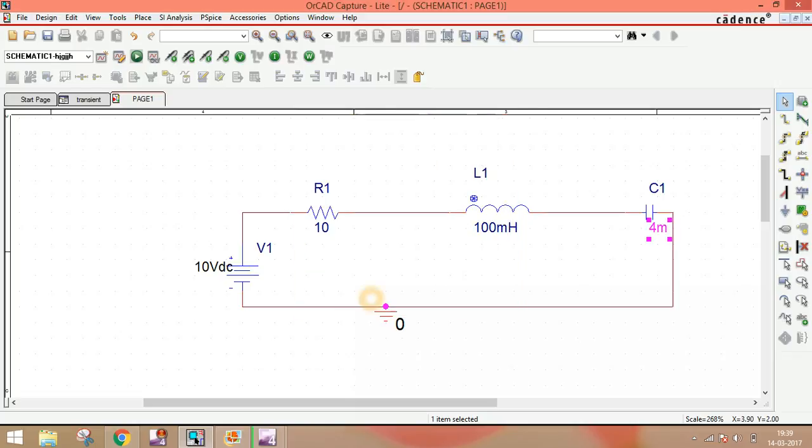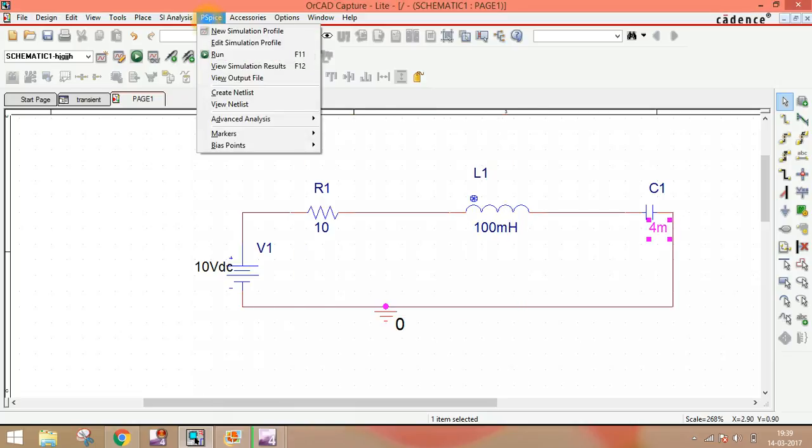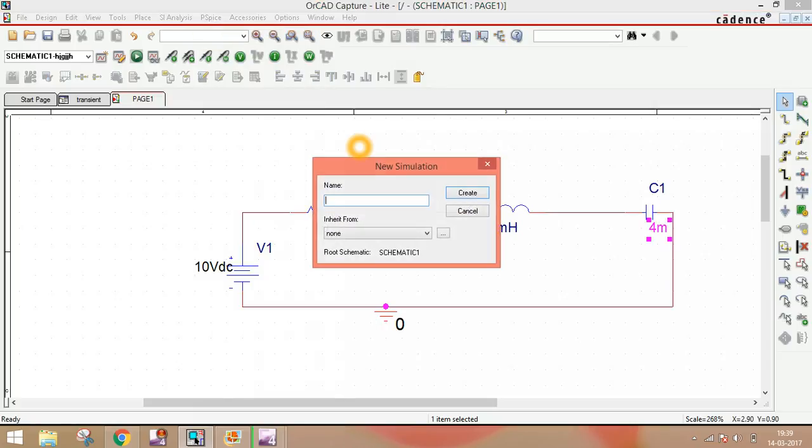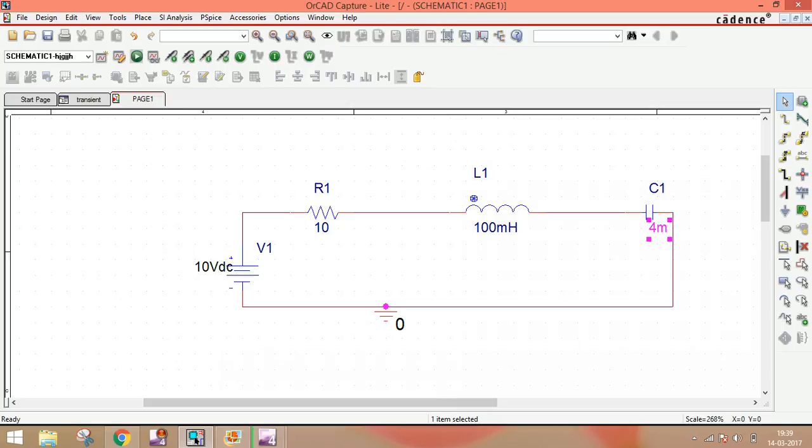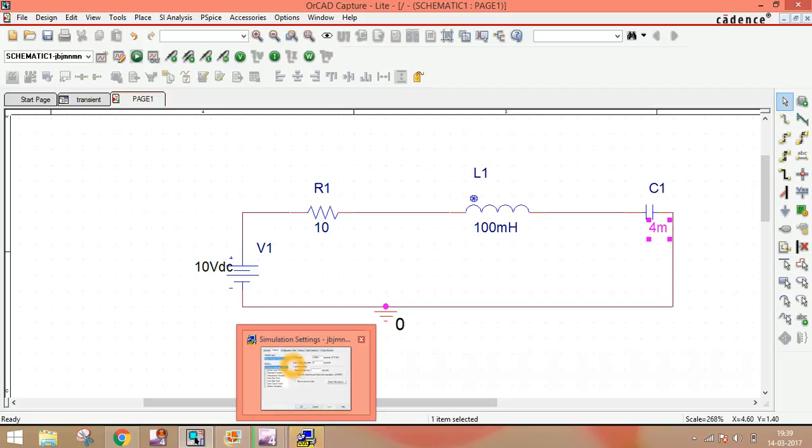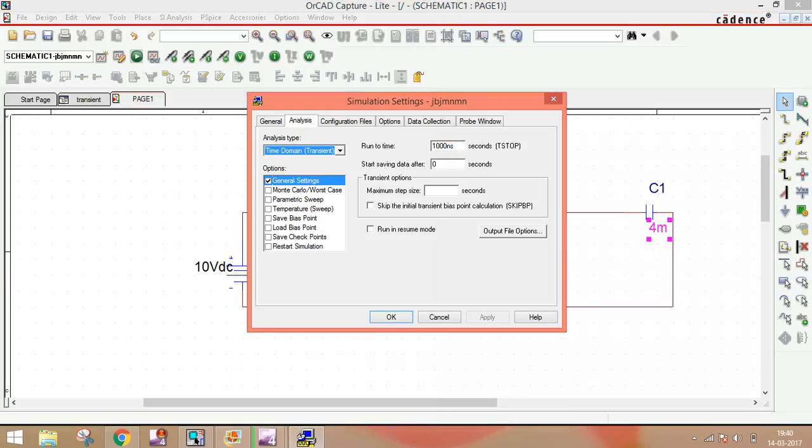Okay, now go to PSpice, new simulation profile, and create. Now here in simulation settings, how long should you run it? This is the check and trial method in an RLC circuit.